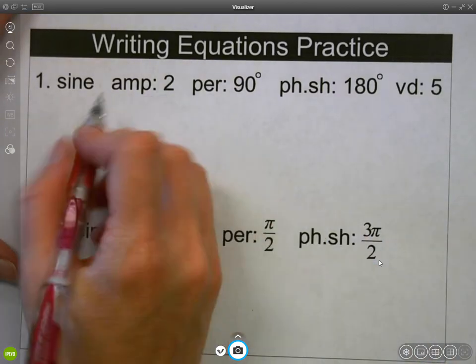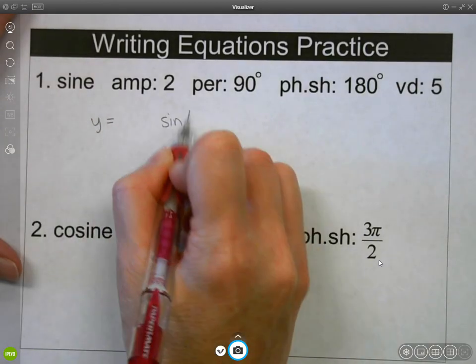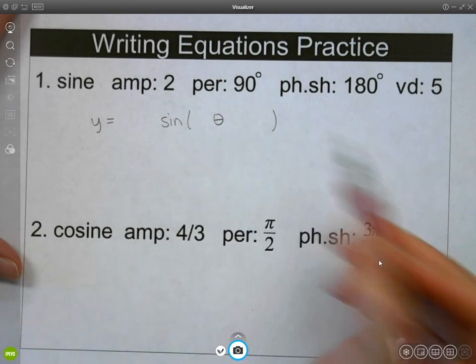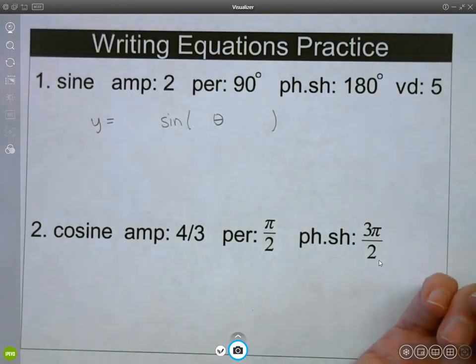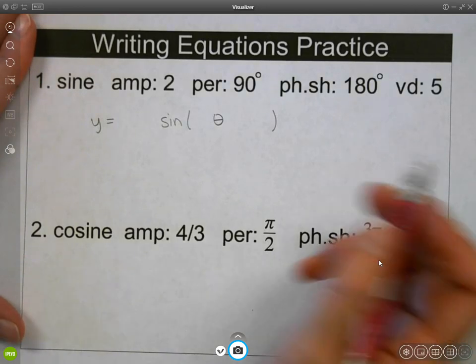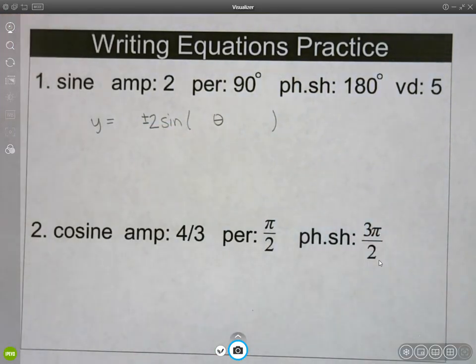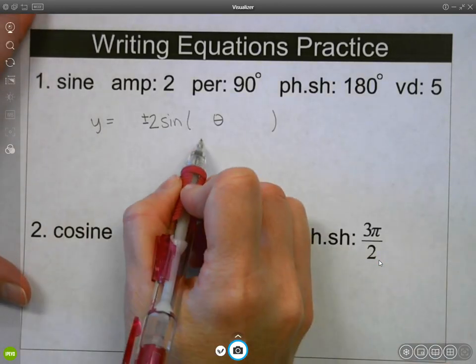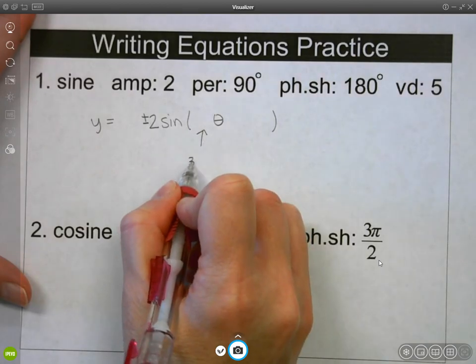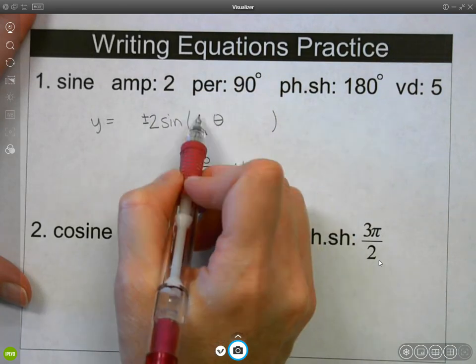All right, so we're going to have a sine function. And remember, whatever variable you use is fine. Theta, x, draw a Christmas tree. It's really fun. Whatever you want to use. All right, so we have an amplitude of 2, so that goes directly in front of the sine, and we put a plus or minus because amplitude is the absolute value of that number, so we don't know if it was positive or negative to start with. To get this number here, you take the normal period and divide by the new period, which gives us a 4.